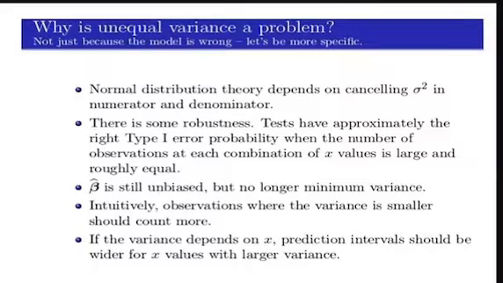But in a situation where observations don't give the same information, and some are more informative than others, then there's going to be a violation of this assumption. And that was why I said, if the variance depends on X, then your prediction interval should be wider.